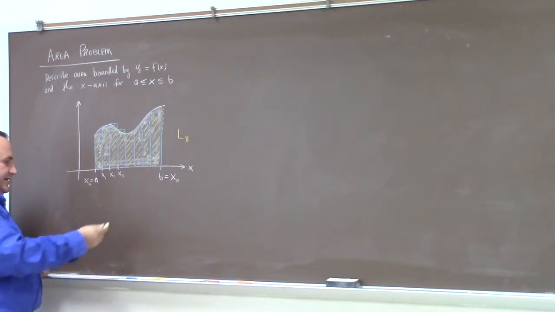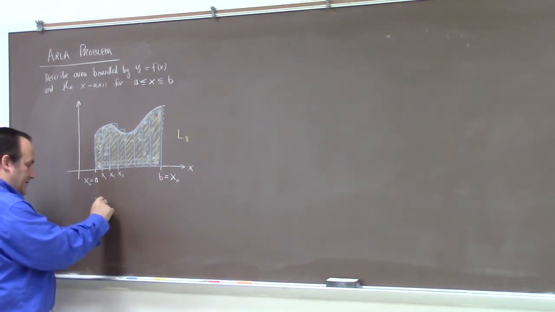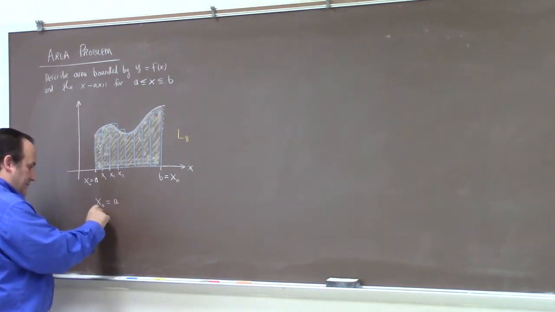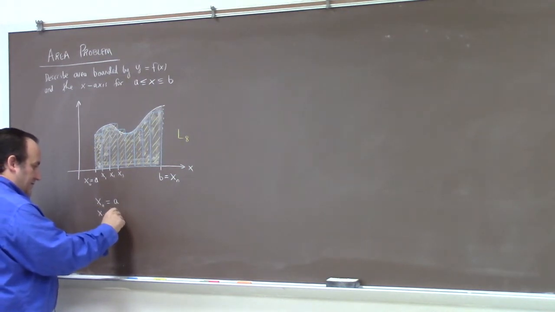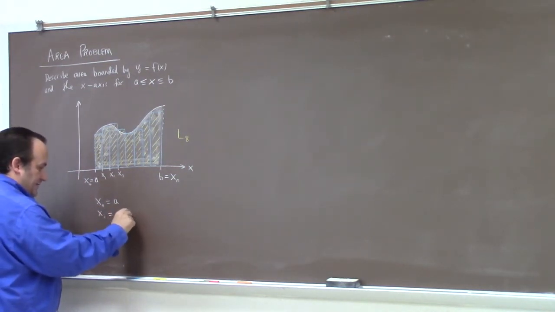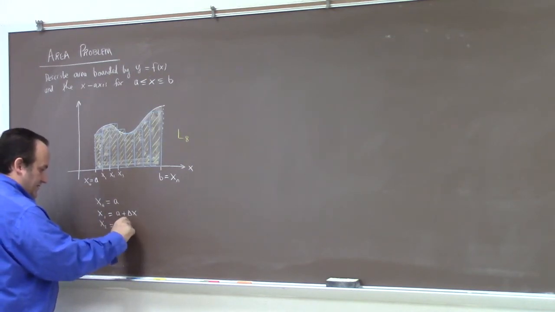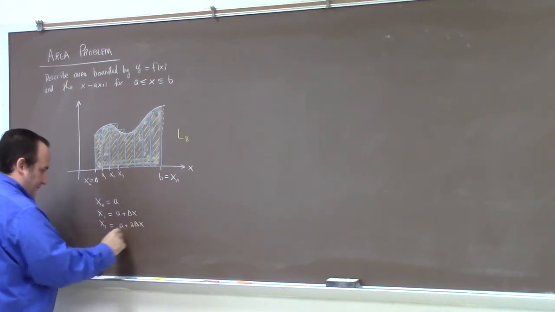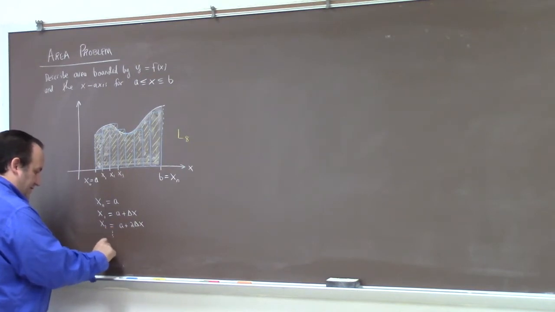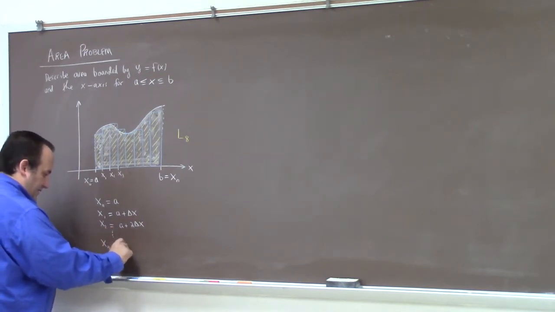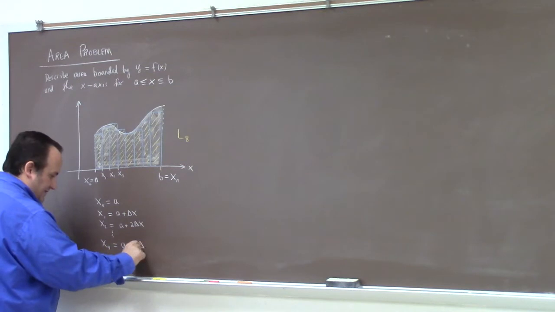So let me write it out here. x0 equals a, x1 is equal to a plus delta x, x2 is equal to a plus 2 delta x, and so forth and so on. xn is equal to a plus n delta x.